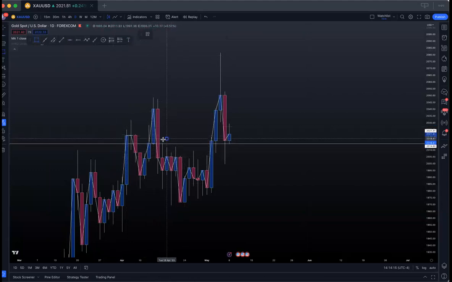You see that we have this rejection here. Many people were trying to take sales from here. But what happened was price broke out from here, tested it again. The third test, people are finding that it's not valid anymore, or just it's run its course, and now we want to find another fresh support.